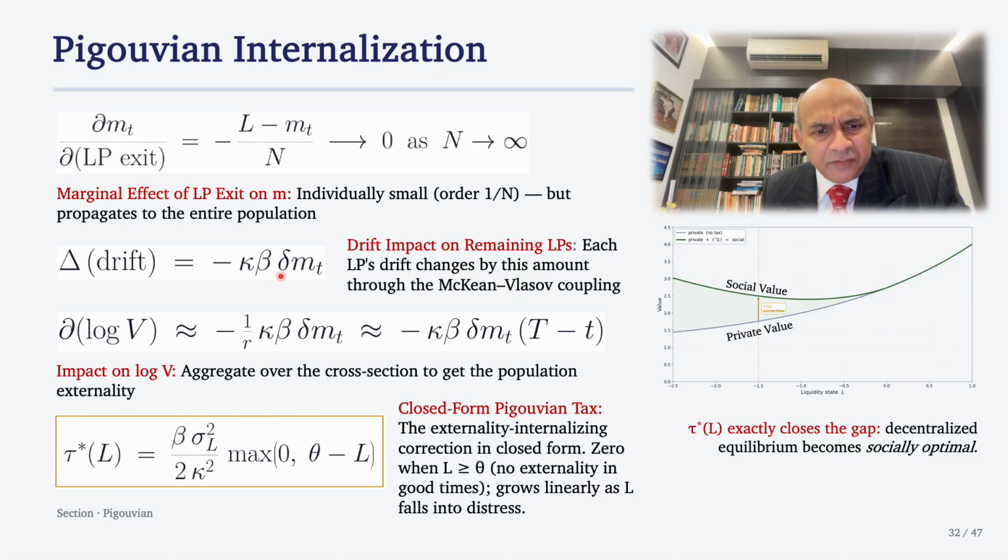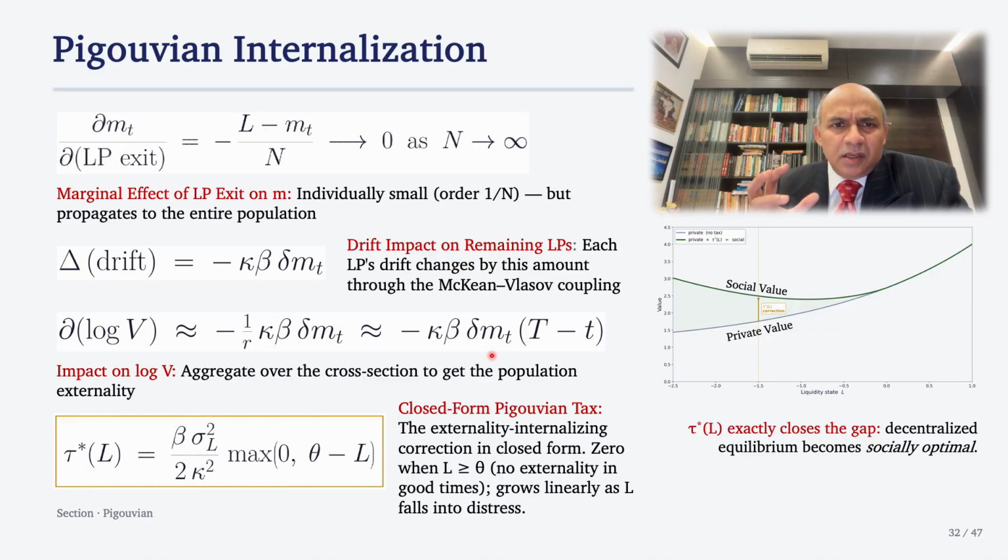That's the drift that impacts all the remaining LPs. The aggregated and discounted externality on value is delta log v, which equals minus kappa beta delta m_t times the remaining time to maturity.